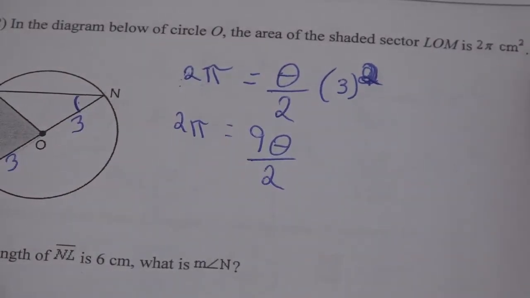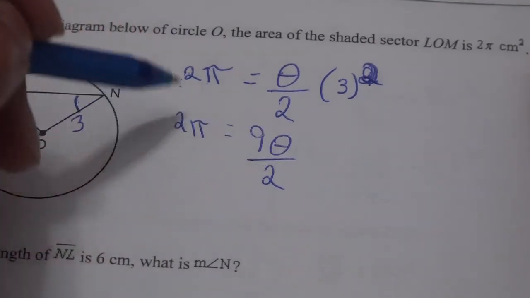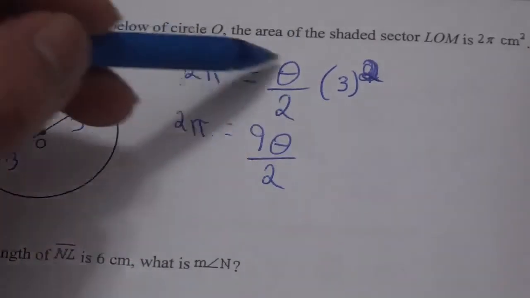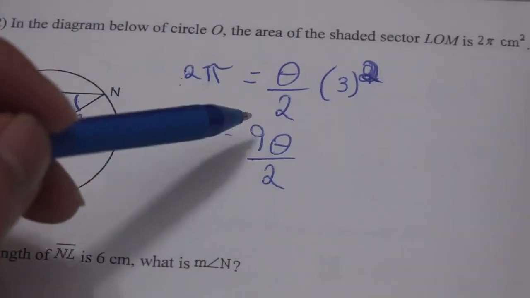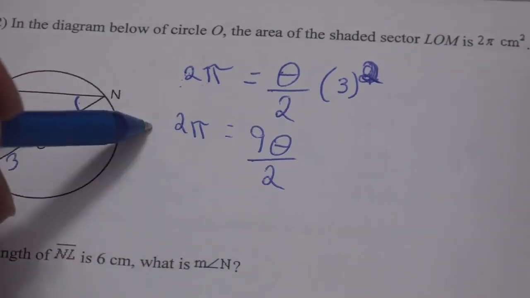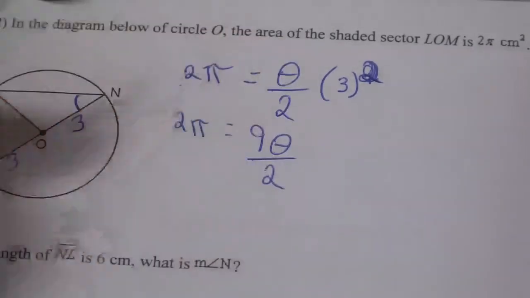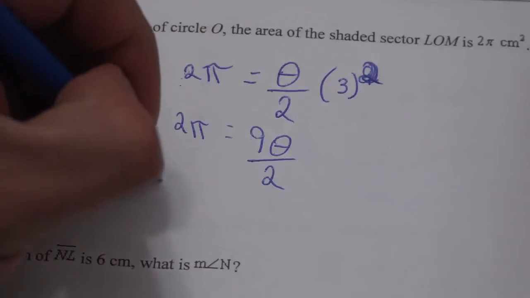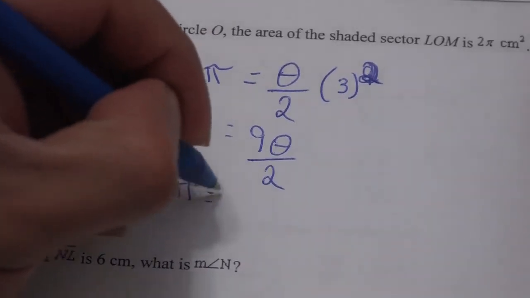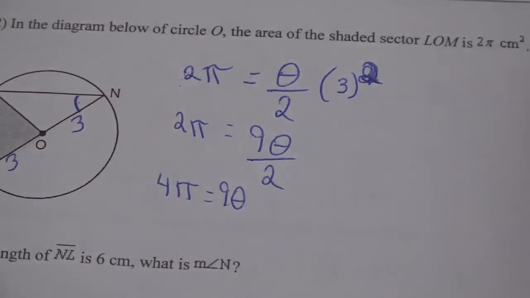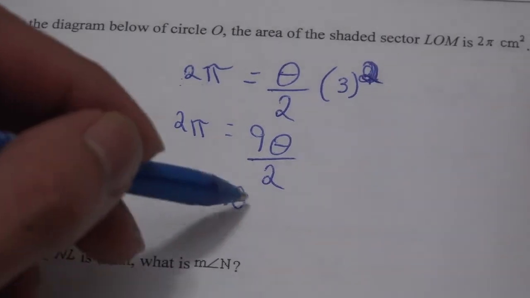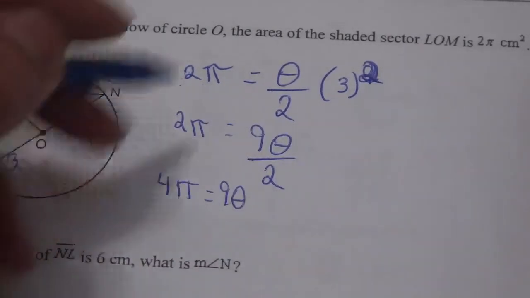Now, I'm going to solve for the angle. What are you doing to the angle? You multiply by 9, you divide by 2, so I'm going to multiply both sides by 2. So I get 4 pi equals 9 times the angle. And now I'm going to divide by 9.